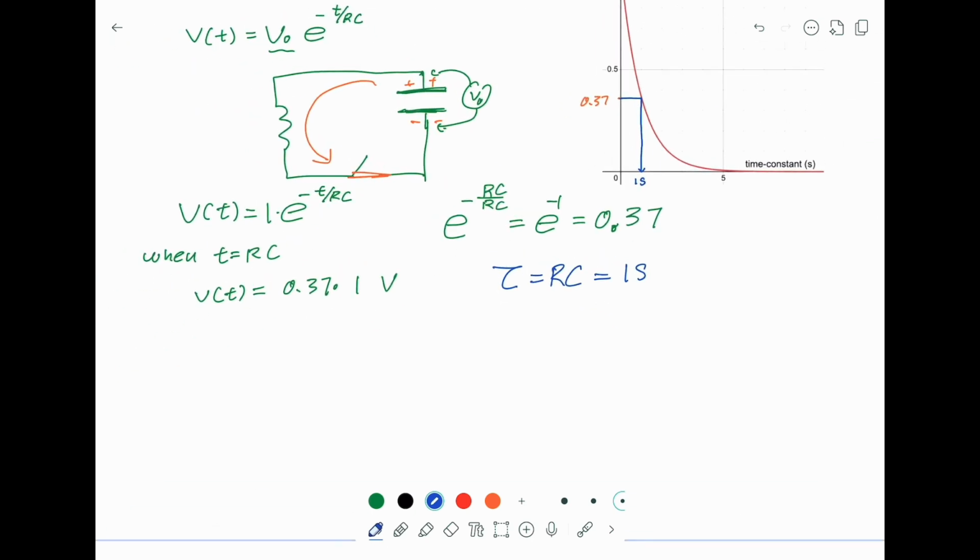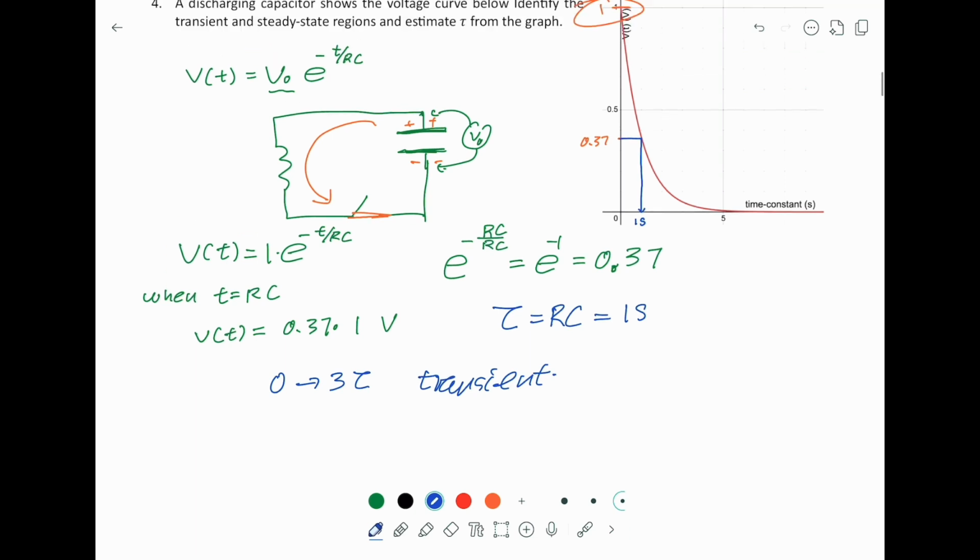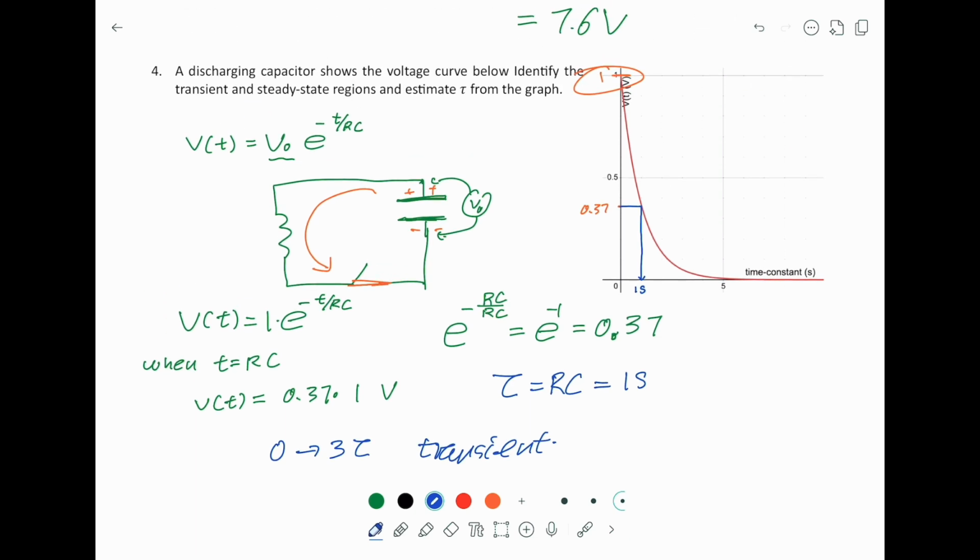Now, usually in practical engineering, they will say from 0 to about 3 time constants, we call this transient. It means it's still dropping.